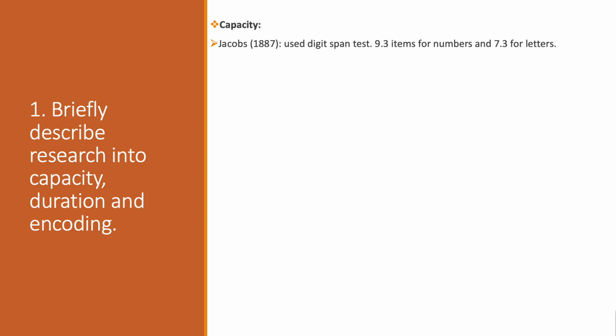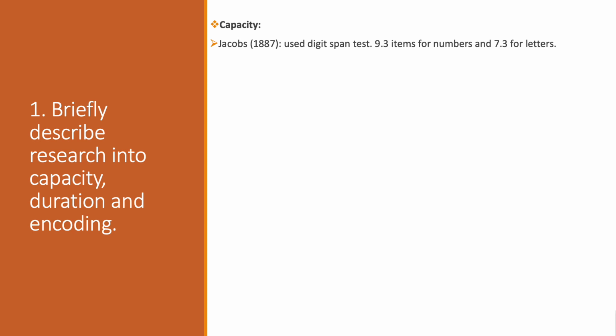Digit span test is the one that we tried in class, where he gave participants 4 numbers to start off with, and eventually he kept on increasing the numbers in the sequence, and he tested how many digits people remember in short-term memory. And he found that it was 9.3 items for numbers and about 7.3 items for letters.